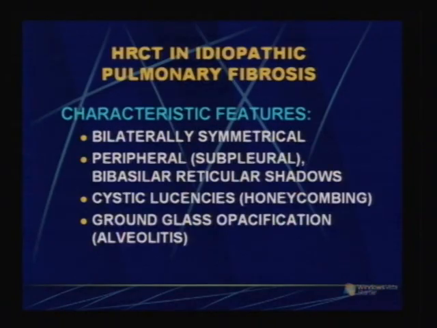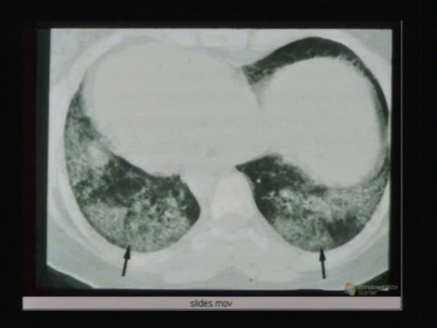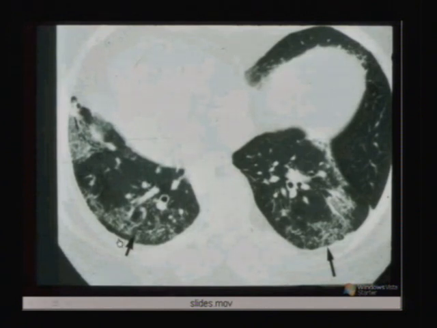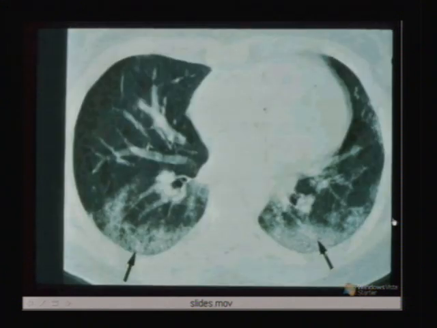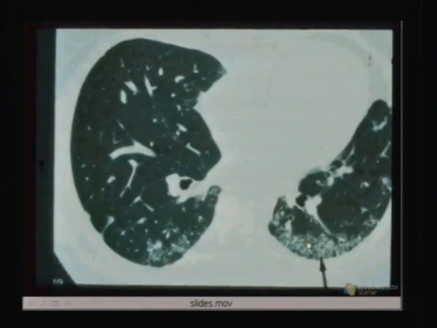Now these are the ground glass appearances which you can see in some cases of interstitial pulmonary fibrosis, and once these patients are treated with steroids, later on you can see a classical reticular pattern which indicates the residual fibrosis. This is again another case of interstitial pulmonary fibrosis indicating subpleural and basal involvement in the form of a ground glass opacity and a reticular pattern.